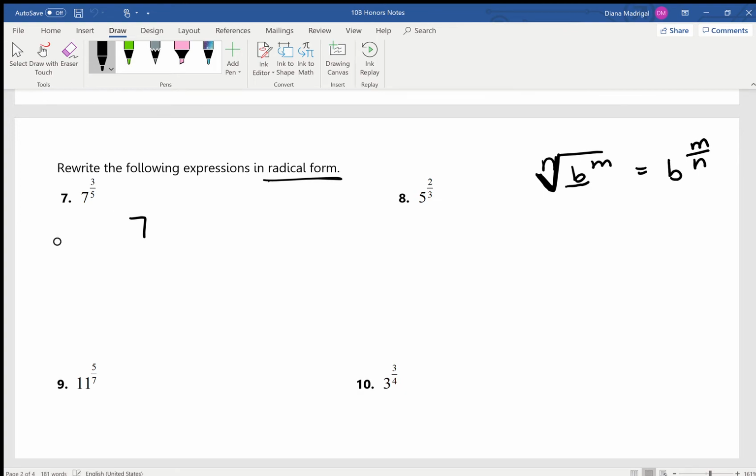And make sure we write it carefully inside. And the 3 goes next to 7. Okay, notice this is now in parentheses, so the 3 goes next to 7. All right, 5, again, the radical, 3 goes inside the house. And then next to 5 is going to be an exponent of 2.